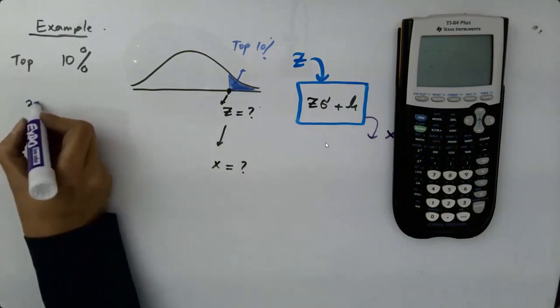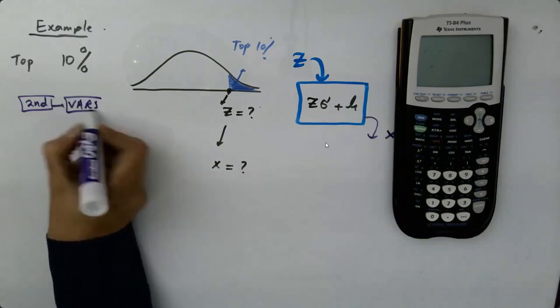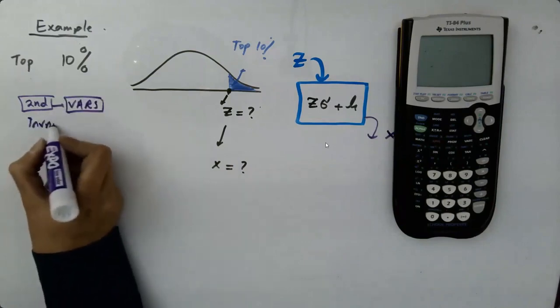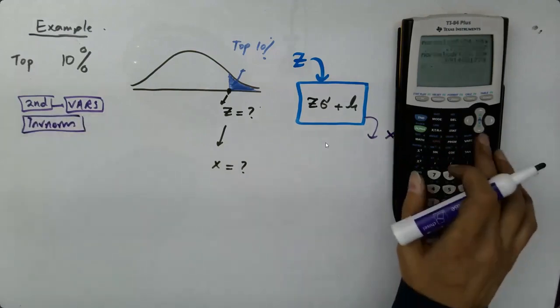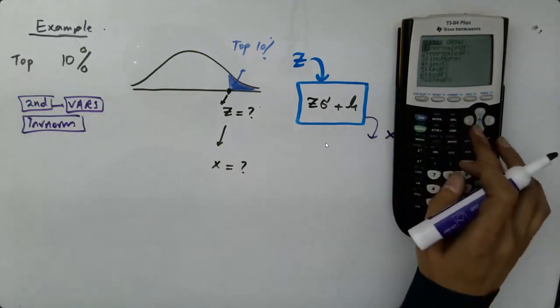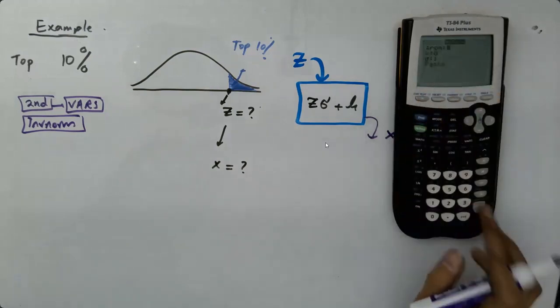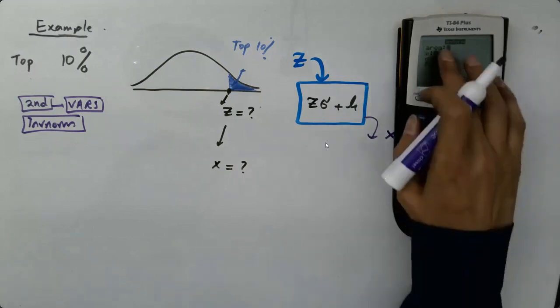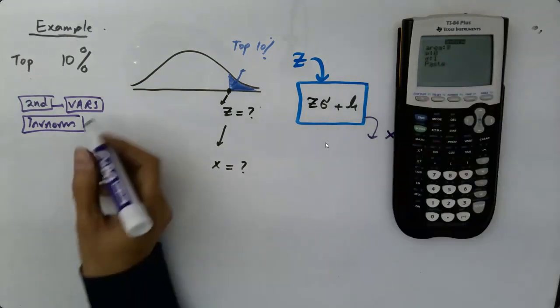So go to second, vars, inverse norm. Okay, let's take a look at this. Just turn on the calculator, second vars, and then inverse norm. Inverse norm, well, the area is 10%, okay?